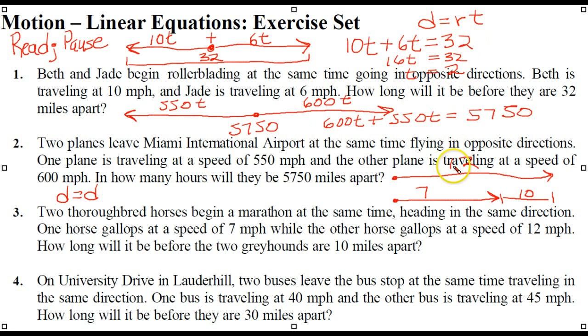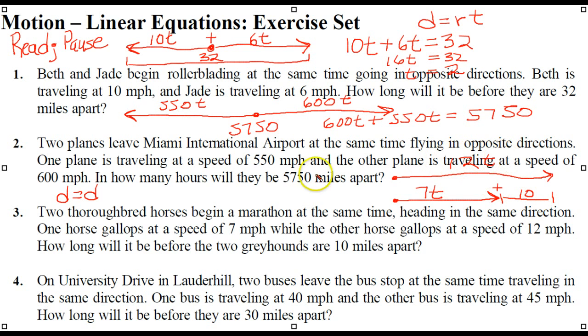So here we have 12, and the time is going to be the same still. So this is 12t. Now this is going to be 7t. But in order to make these distances the same, here I have to add the 10 miles.